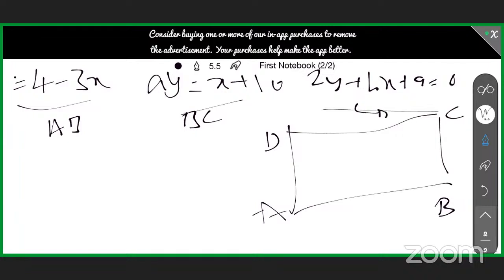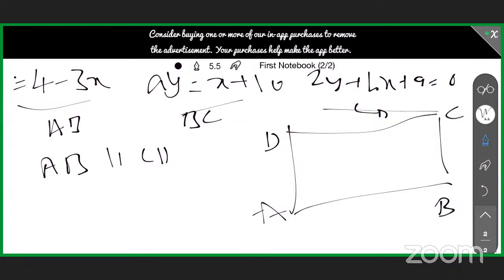Look carefully. What do you observe? Tell me. AB is parallel to CD.